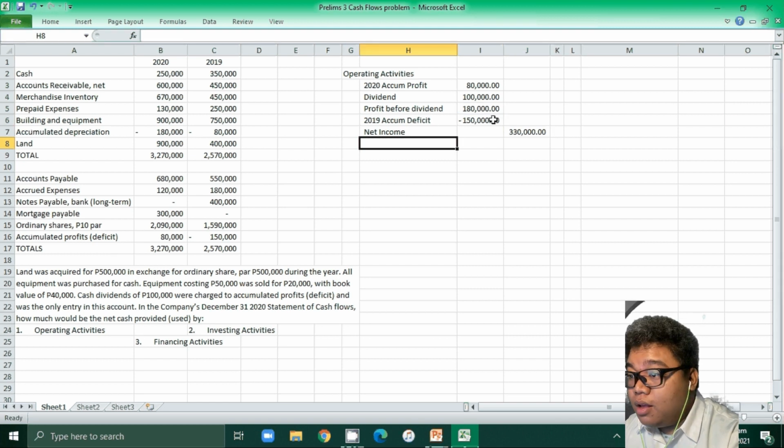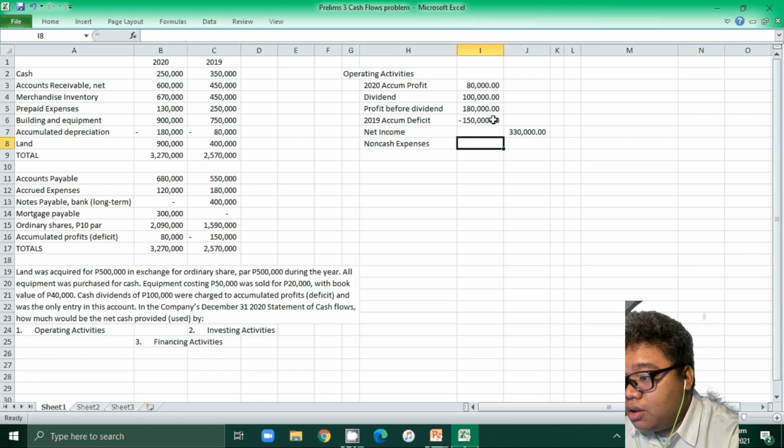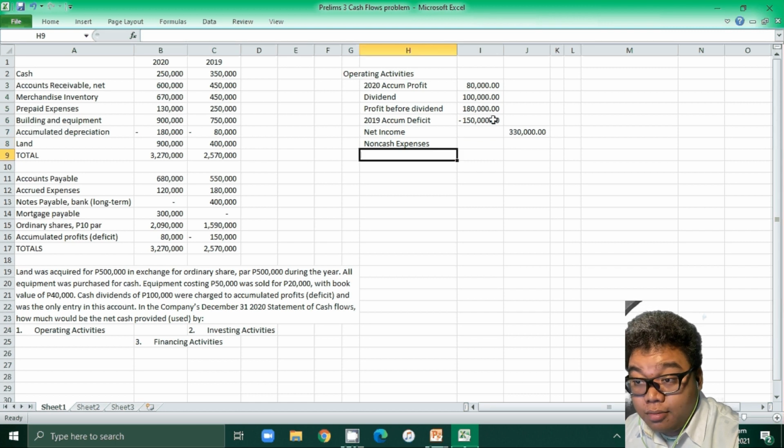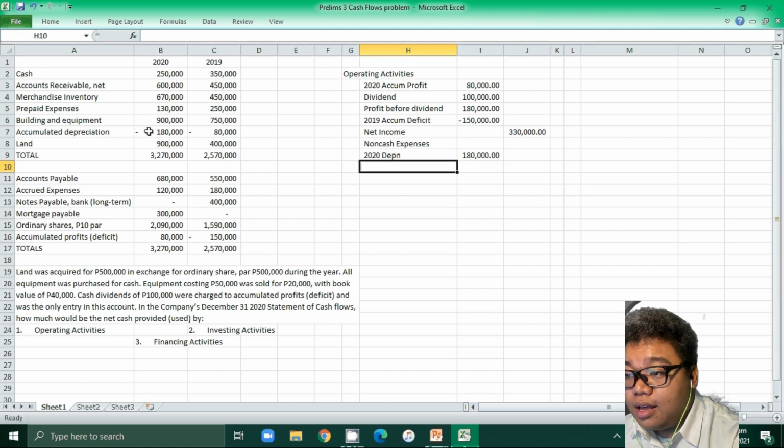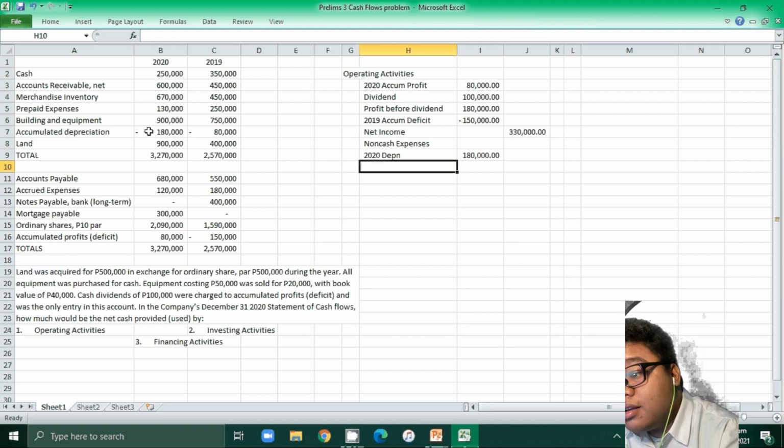330,000 pesos. Now we have to adjust this with the non-cash expenses. We have our depreciation. So we have our beginning accumulated depreciation of 180,000, and then we will take note that there is an equipment costing 50,000 pesos that was sold for 20,000 with book value of 40,000.